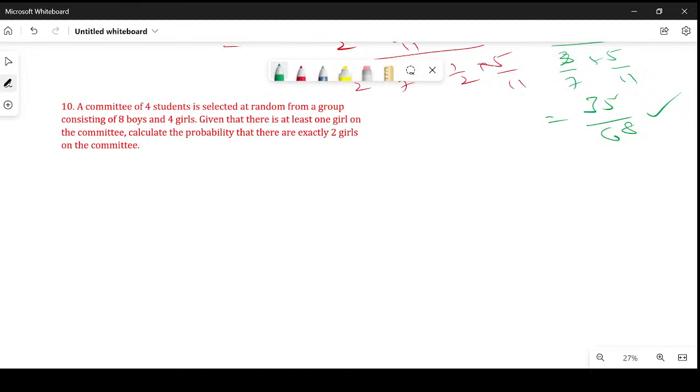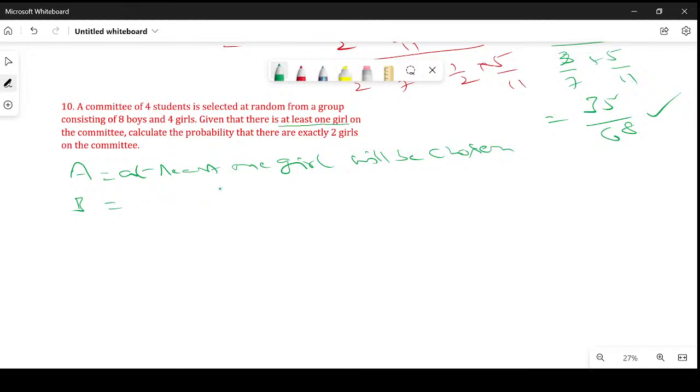So here you can consider, let event A be that at least 1 girl will be chosen. To understand, I can write event A as at least 1 girl on the committee. They are saying at least 1 girl will be chosen, that is A. So B will be the event that exactly 2 girls will be chosen.